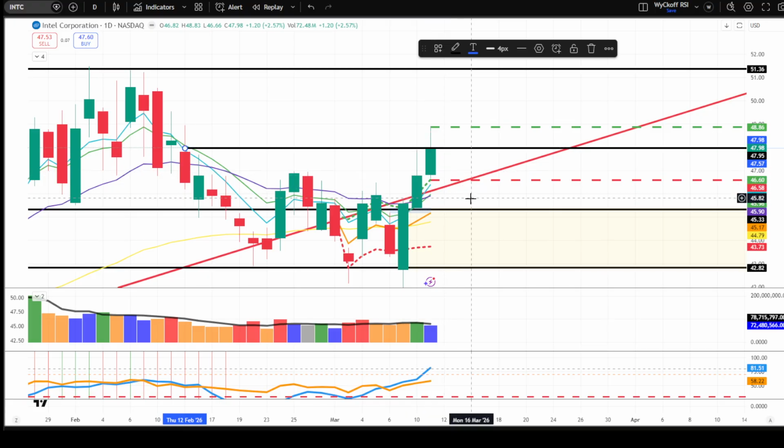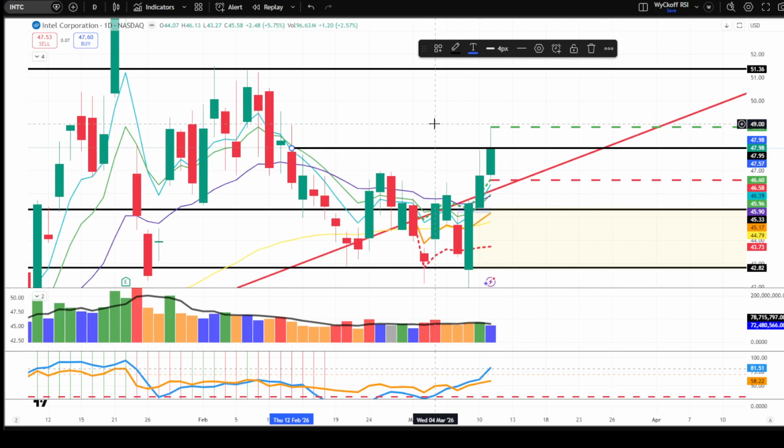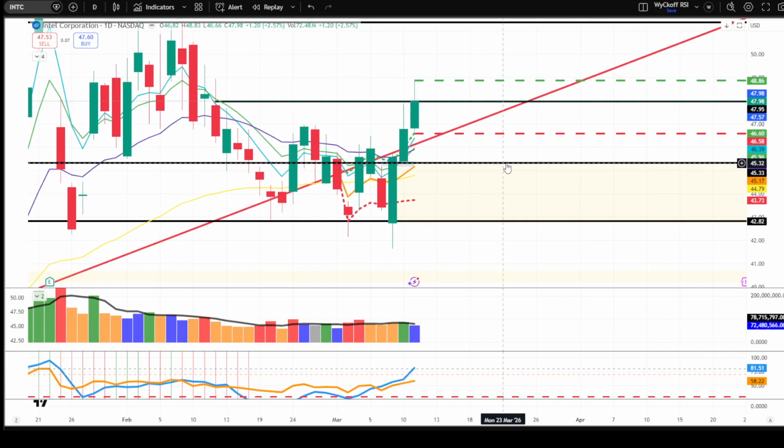Or it could just break down, and this is another area of support at 45.36, and could hold here and then try to break through this resistance, which is the previous day's high.